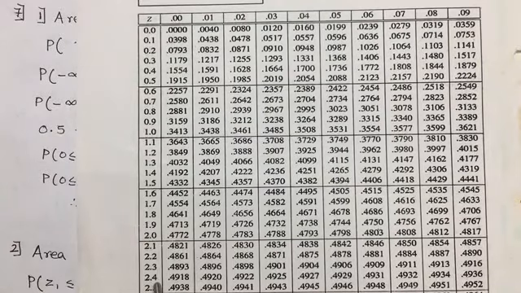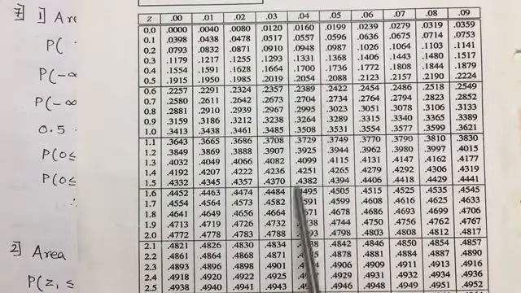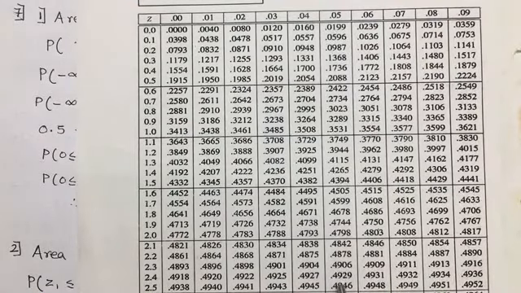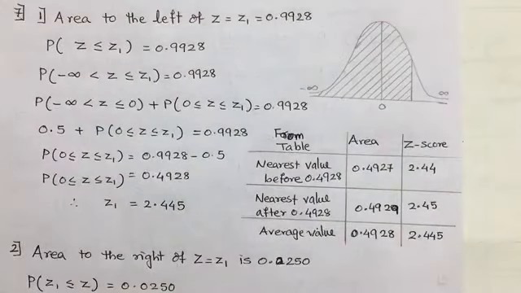So it will be from 2.44, that is 0.04 is to be taken up, which is 0.4927, and 2.45, 0.4929. So it becomes the average of both of these. Now calculating the average by taking these values, we write it in this way from table.